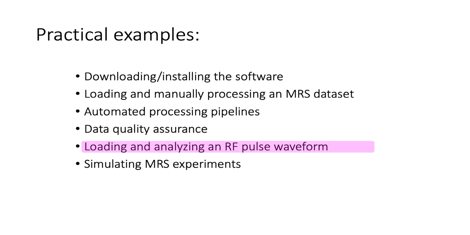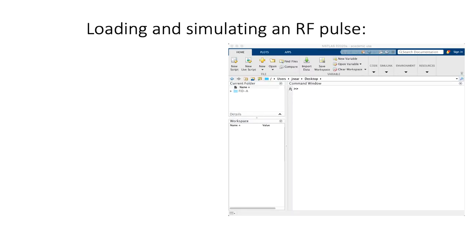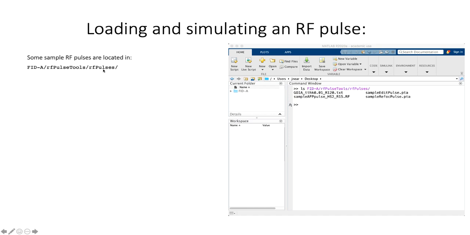Next, let's talk about how to load and analyze an RF pulse waveform. So if you navigate to the RF pulse tools directory, you can find a directory called RF pulses, which contains a few sample RF pulses in various different formats.